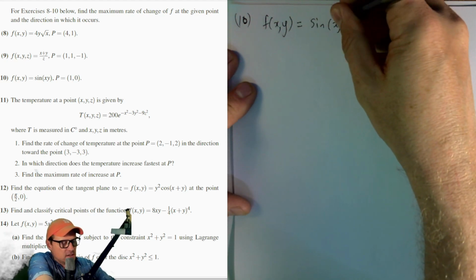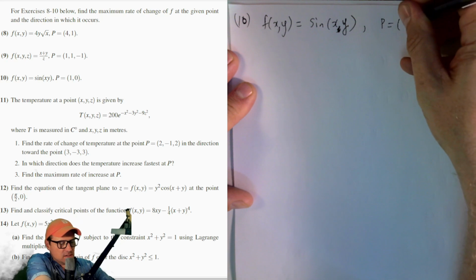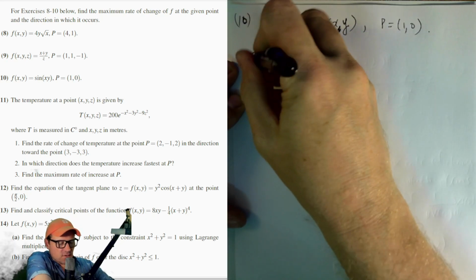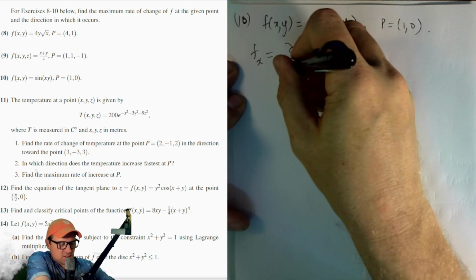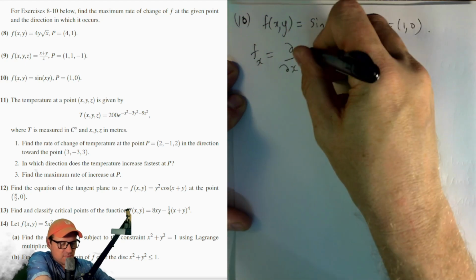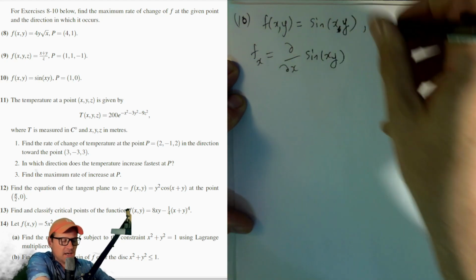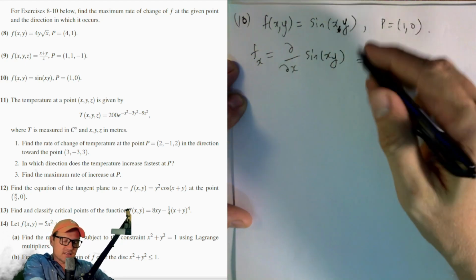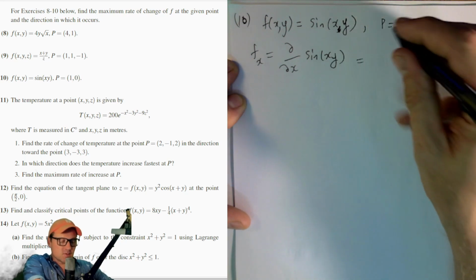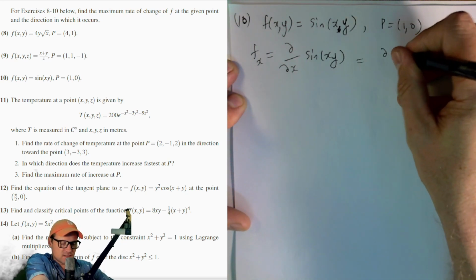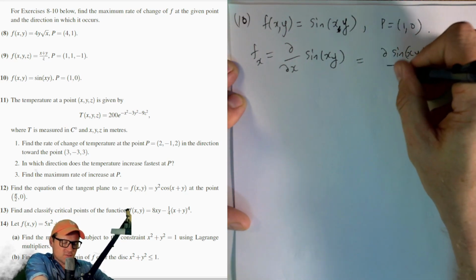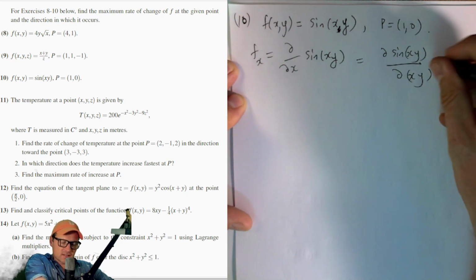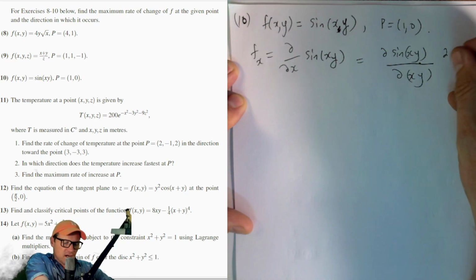So in question 10, we have a function of the two letters x and y, and it's given by sine of x times y. And we have the point P, which is the point 1, 0. Okay, so f subscript x is the partial derivative with respect to x of sine of x times y. And so we need the chain rule for this, letting u equal x times y. So we're differentiating sine of u with respect to u, but u is x times y, and we multiply by the derivative of u with respect to x.